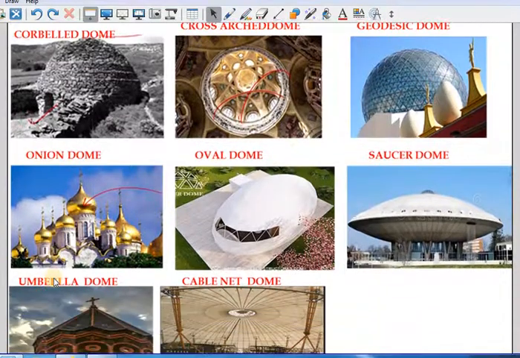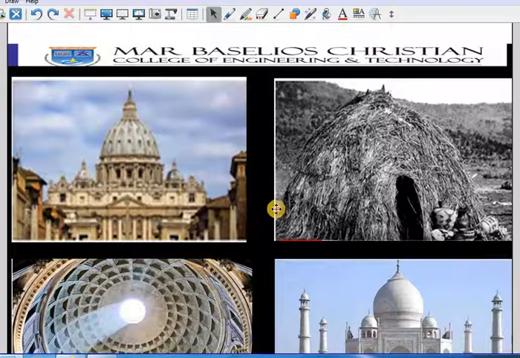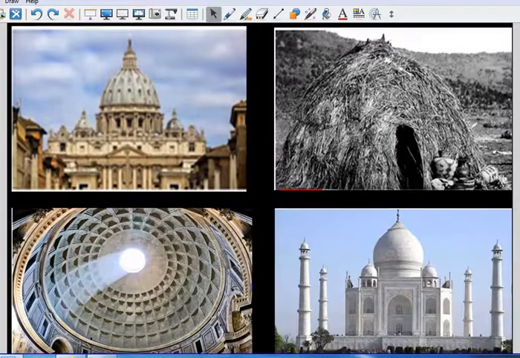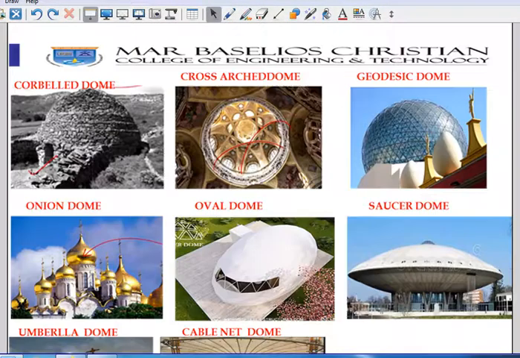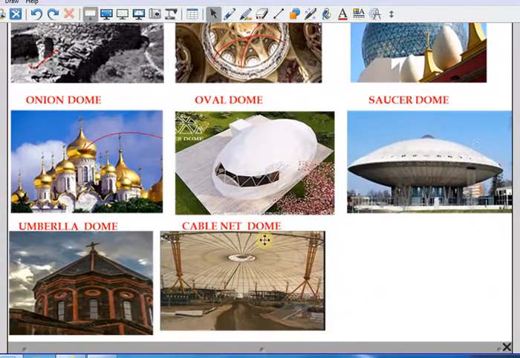These are onion domes, because they look like an onion. As you can see before, even the Taj Mahal portion is just like an onion dome, exactly in the shape of an onion. This is an oval type dome, and you would have seen a cup and saucer, so this replicates the saucer, and it is called a saucer dome.